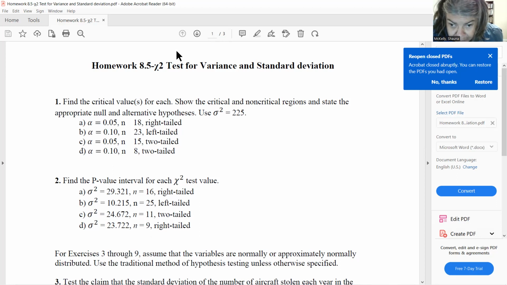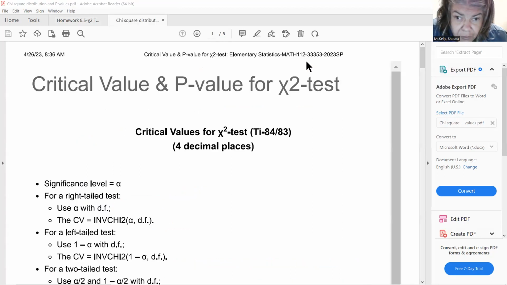By way of explanation, this is a printed version of the page that's on your Canvas page for this lesson. It's critical values for the chi-square test for decimal places.